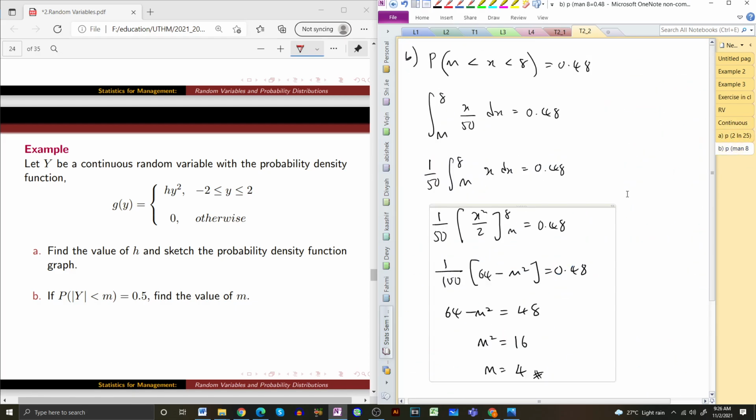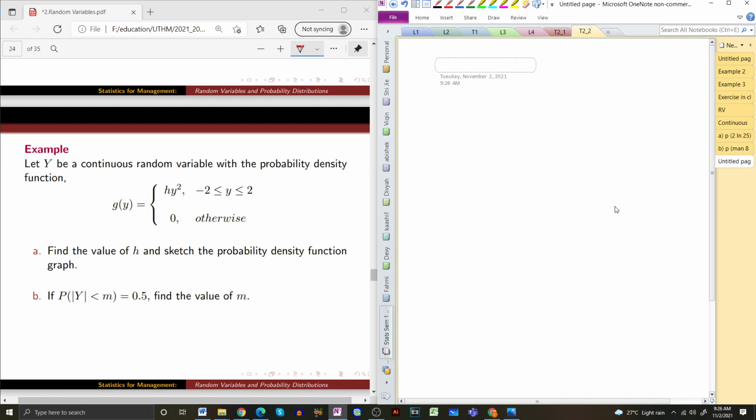This would be example 1. Now we are going for example 2 for continuous random variable. Normally in discrete, if you have any constant here, h, k, a, something like that, remember we use this property: the sum of probability is equal to 1.